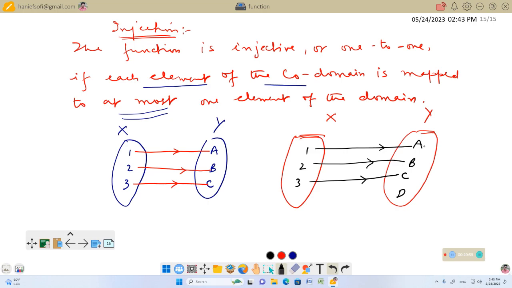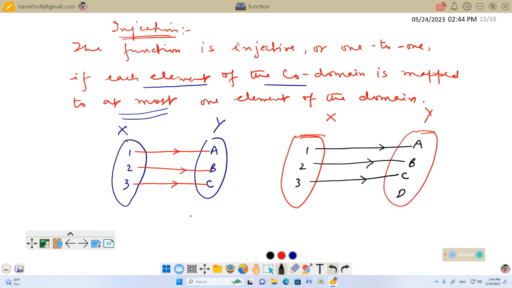There is no member in the codomain which is mapped to more than one element in the domain.